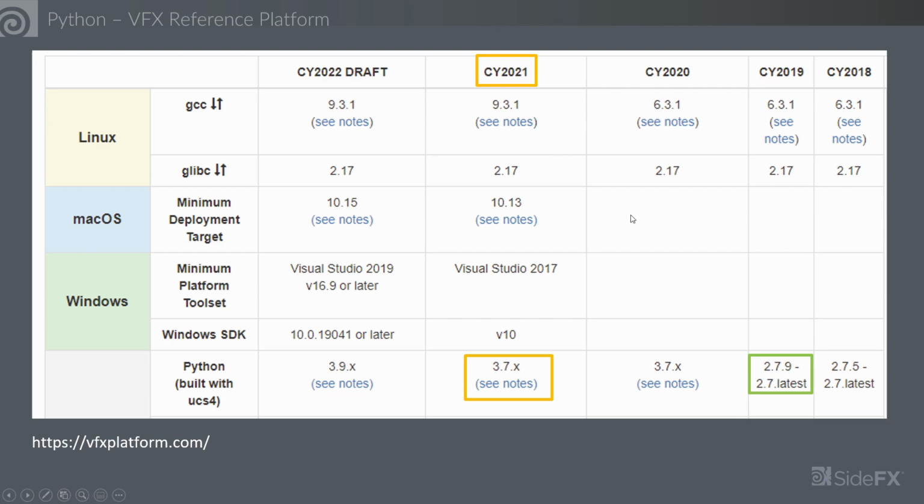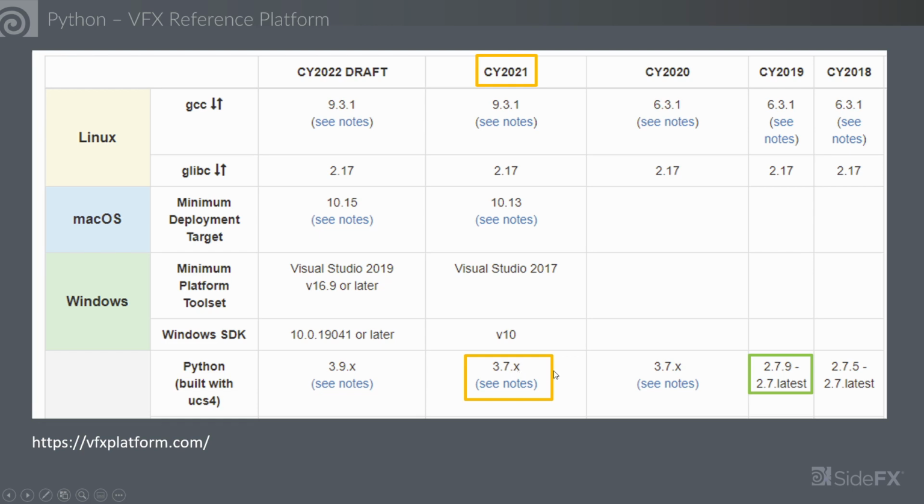And Houdini has been shipping with a tech preview of Python 3.7, so we are fully compliant with this VFX reference platform. But in the next version of Houdini, this is going to be the default. And the TDs that are watching this know what that means for them, which is why they've been dreading it. All of your Python that you're running in Houdini should be compatible with Python 3.7.